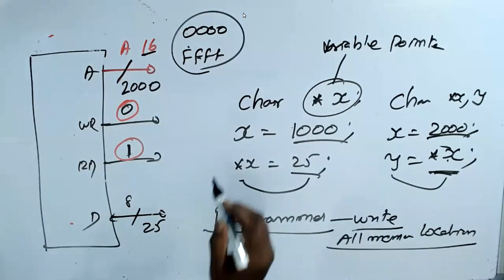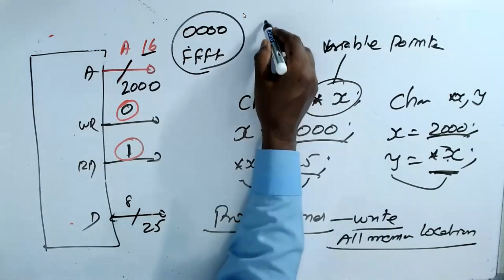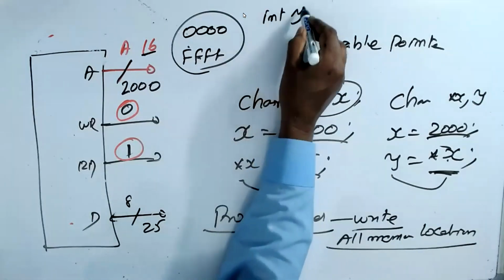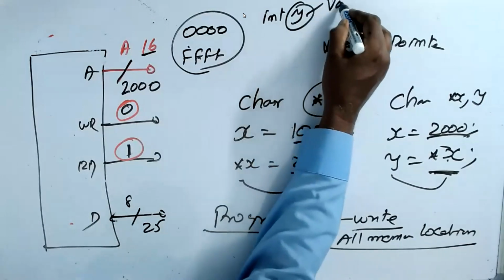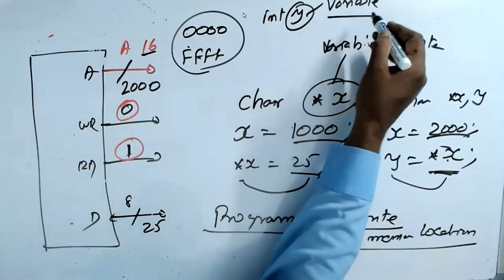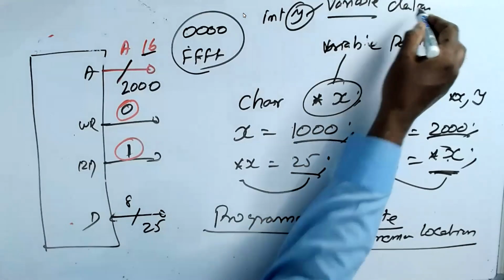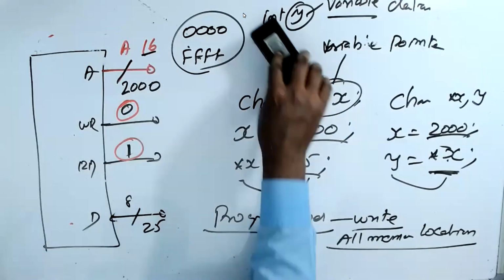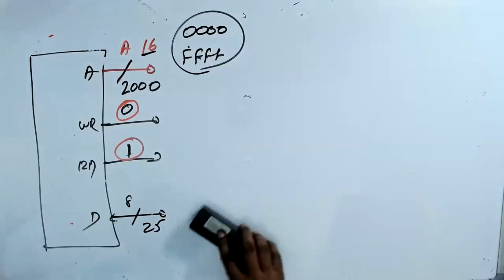When I say int y, the y is called a variable. Actually, we don't call it variable data, we don't use that. That's a confusion we had. So now I write it like this.